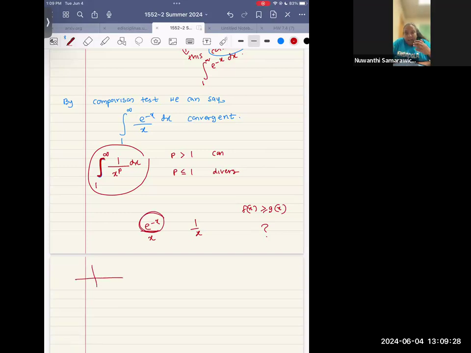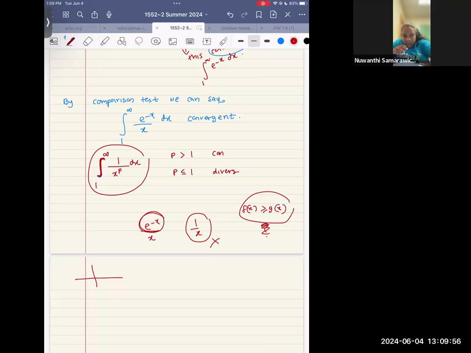For some values it might be very low, and for some values it might be very high. If we take g of x as 1 over x, we get a question mark about which is greater than the other. That's why we didn't take this one. Okay, did I answer your question?